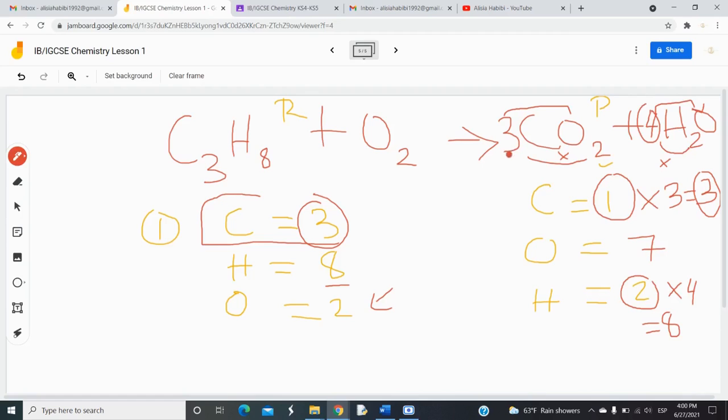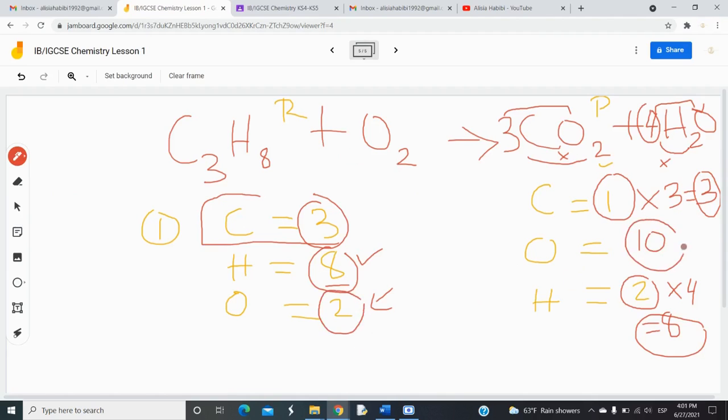So in total, the number of oxygen atoms is 3 times 2, which is 6, plus the 4, which is now 10. So this changes, which is why I said go to the next one first and see. So hydrogen is balanced. The only problem now is oxygen. Hydrogen is balanced, carbon is balanced, now oxygen is not balanced. So here on the product side, there's 10 now, but on the reactant side, it still shows 2. So this makes it easy.